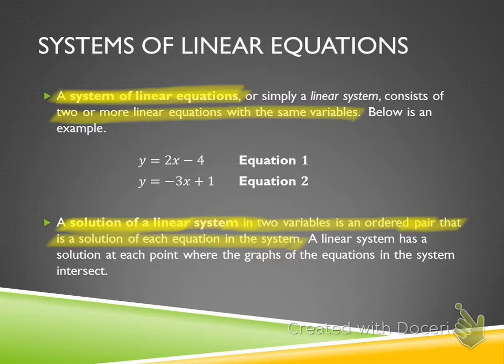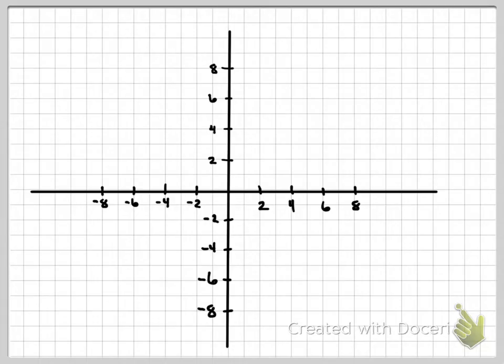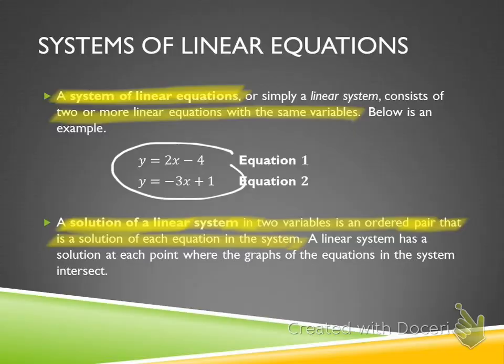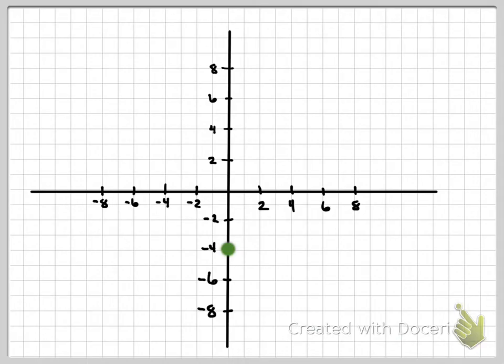All right, now that you have those definitions written down, I want you to go ahead and on your graph paper, graph both of these equations. So there's going to be 4 points total. Go ahead and graph both of these equations. All right, so the y-intercept for the first equation is at a value of what? Value of -4, so I plot my point. And then my slope is 2, so I go up 2 over 1, and I plot my point and draw my line.